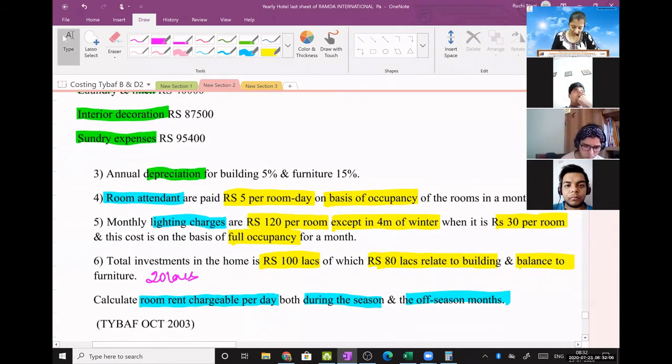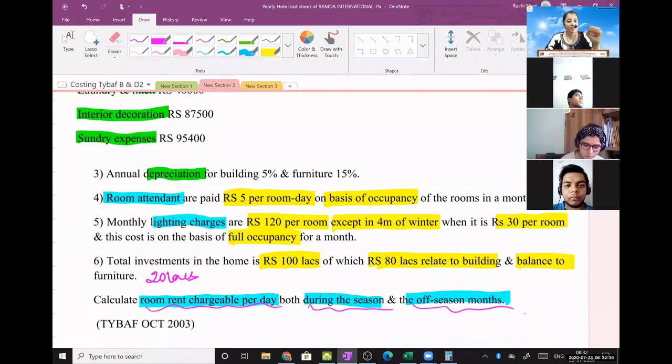Next, calculate the room rent chargeable per day during seasons and off seasons. So they want you to calculate how much you are charging during the seasons and how much you are charging during the off season. This is something new. We have never done this before. We generally calculate rent of single room, double room, or triple room.